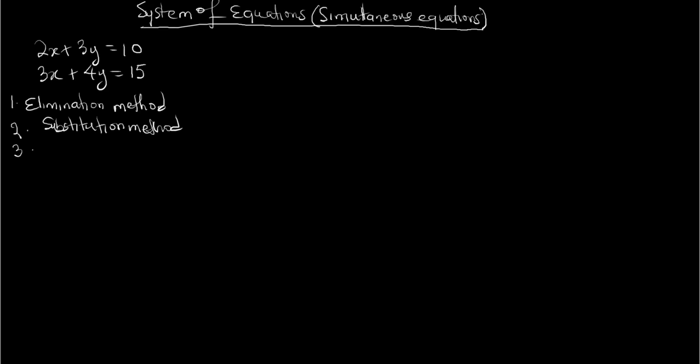The third method is the graphing method. So today we're going to look at these three methods of solving systems of equations, primarily made up of two equations. So let's focus now on the elimination method as the first method.